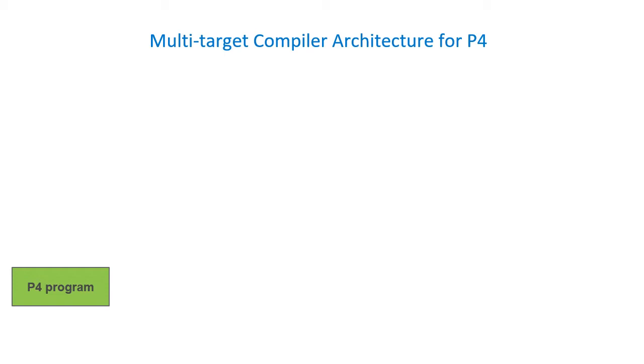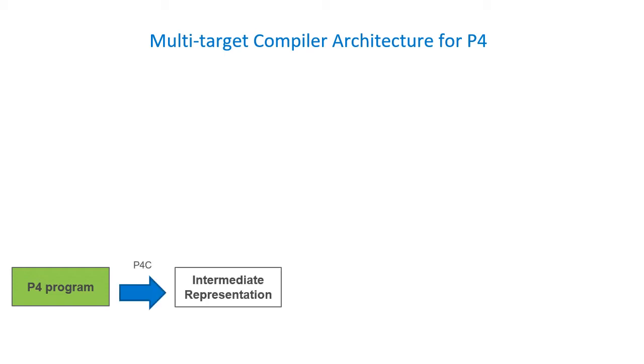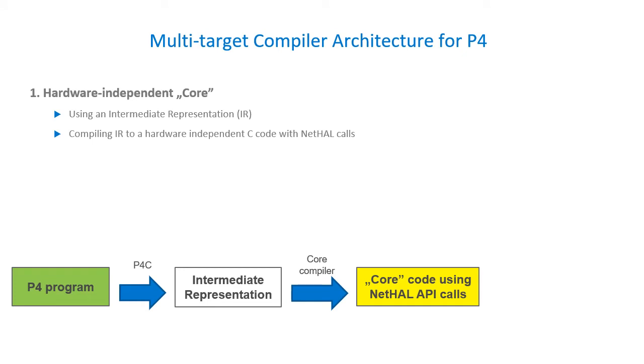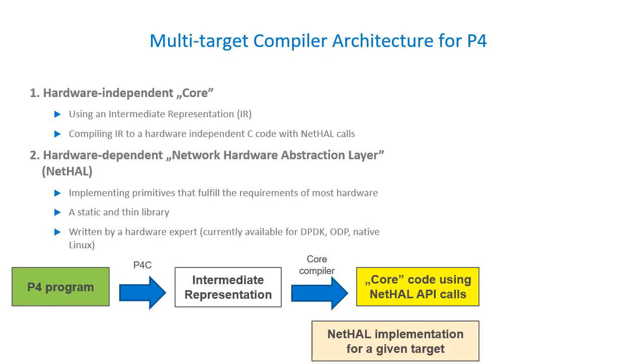Given a P4 program, we use the standard P4C to generate the intermediate representation. Then this representation is used by the core compiler to create a hardware-independent C code. This C code relies on API calls implemented by the network hardware abstraction library.